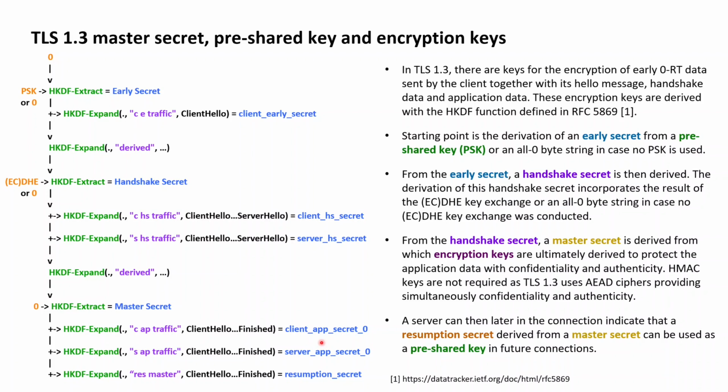You may have noticed that I repeatedly just mentioned the use of encryption keys, but didn't mention anything about a specific authentication key, as for example TLS 1.2 fundamentally requires to have derived as well.